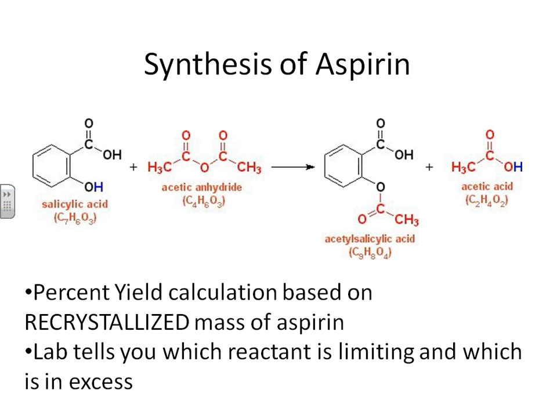And for the percent yield calculation, please base that off the mass of your recrystallized aspirin, not the mass of the aspirin based on the initial crystallization. You want to do it based on your best sample of aspirin, your purified aspirin.